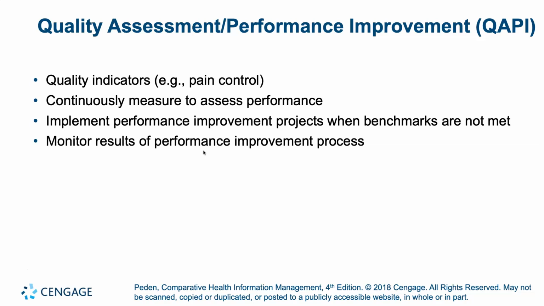Are your performance improvement activities demonstrating improvement? Are your processes being improved? And are you seeing outcomes positively impacted because of it? So that's all part of quality assessment performance improvement in the hospice setting, and that is so important.